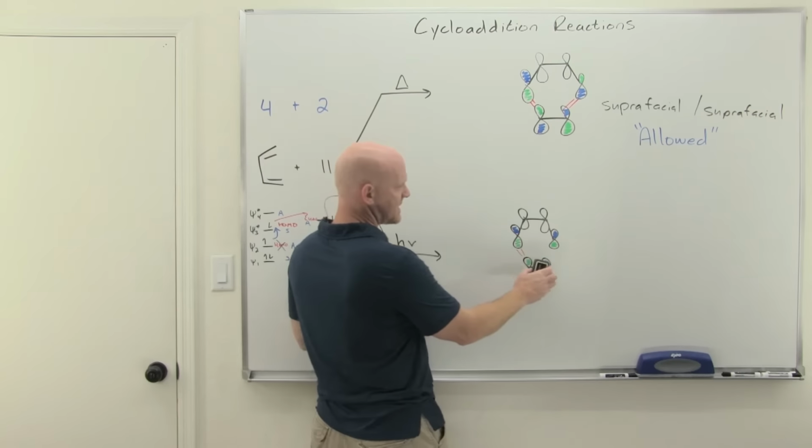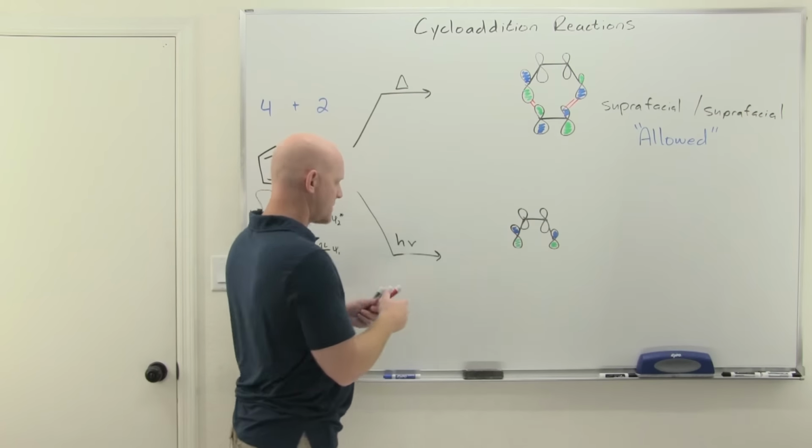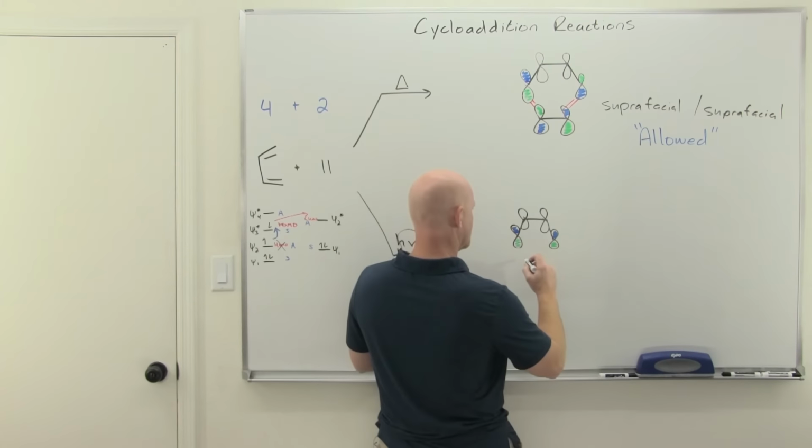And I'm going to choose this guy to be the one that changes the way he interacts and gets overlap with this guy. So I'm going to draw it at an angle.